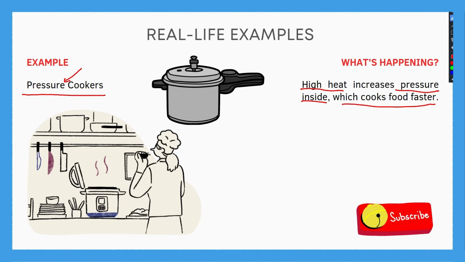This is what many people use to make beans get done faster, because beans usually take an extended period of time to get done. So with the aid of the pressure cooker that uses increased temperature, which also leads to increased pressure.